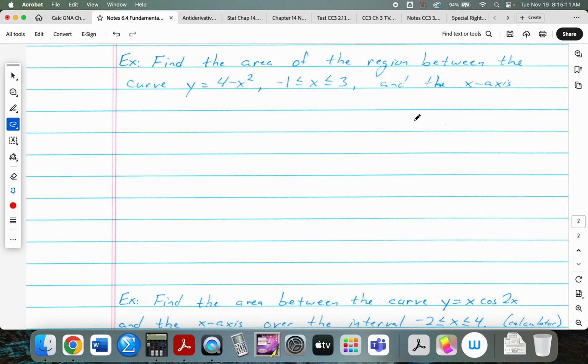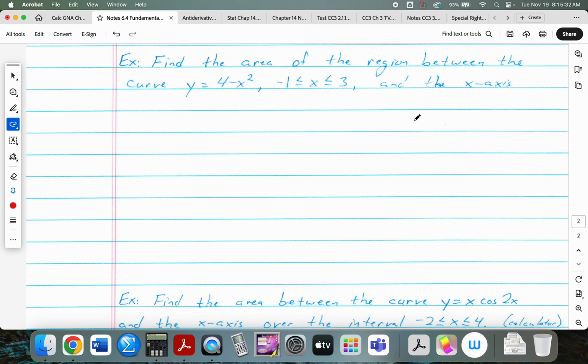And what happens is people partially correctly go, area, that means I'm going to need to do an integral. And they'll just do the integral from -1 to 3 of 4 minus x squared. Unfortunately, it didn't ask for the value of the integral. It asked for the amount of area.